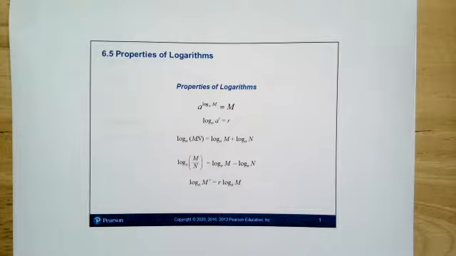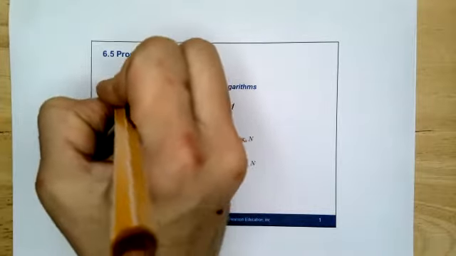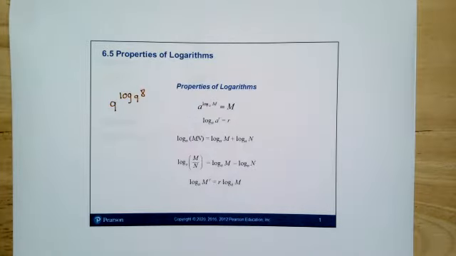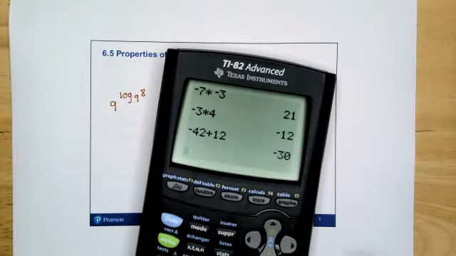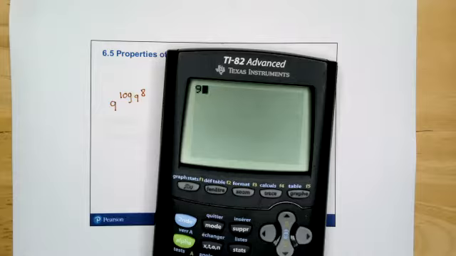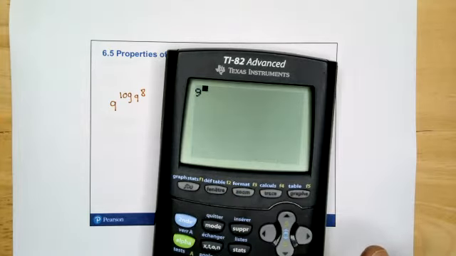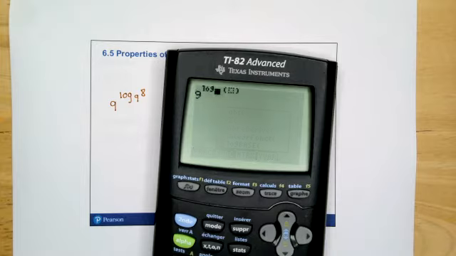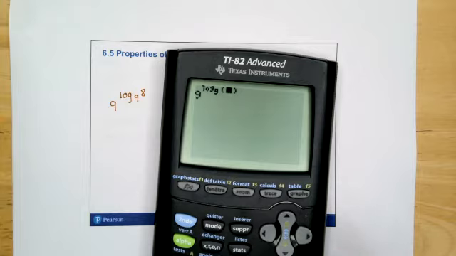So if I said 9 to the power of log base 9 of 8, and I put that into my calculator, log base 9, so that number and that number are the same, of anything, right?